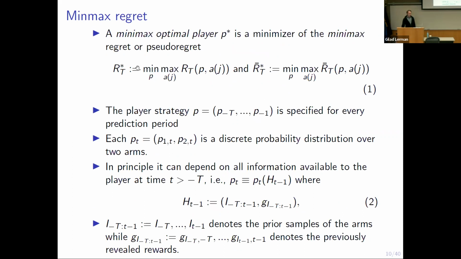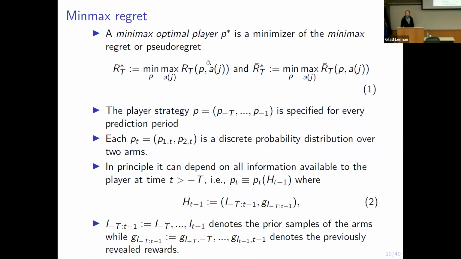When the player chooses its policy, the adversary commits to choosing which arm is risky and which arm is safe. So in this setting, min-max regret is first a minimization over P of the max over the two arms. So the player wants to choose a policy that works as well as possible against the arm that inflicts the highest regret on her.